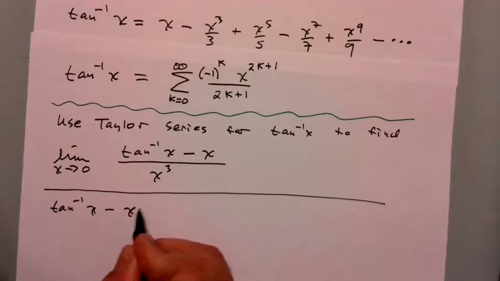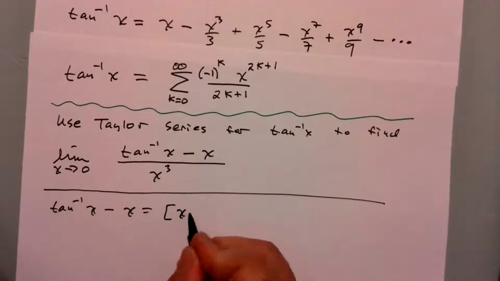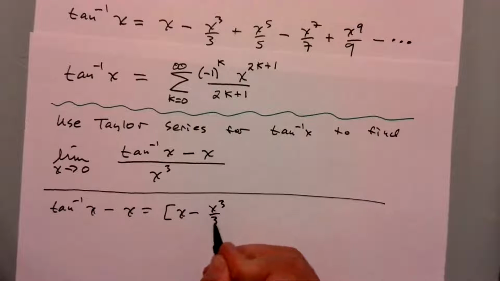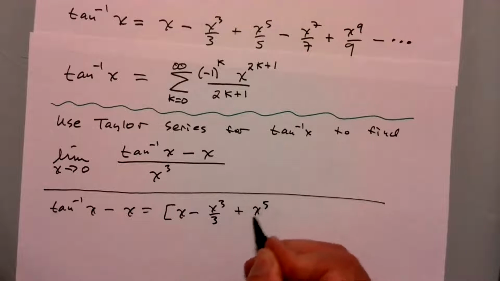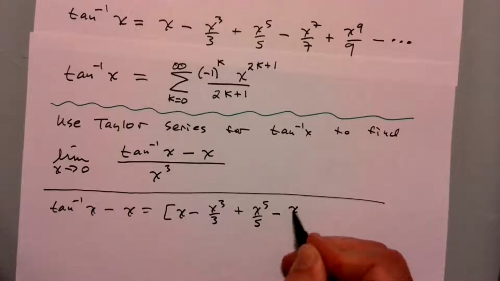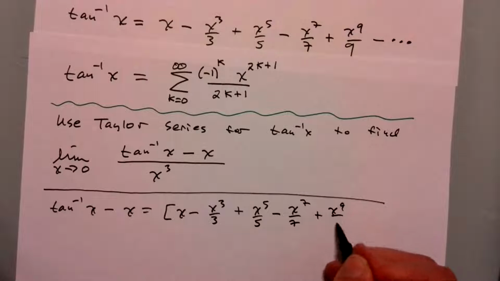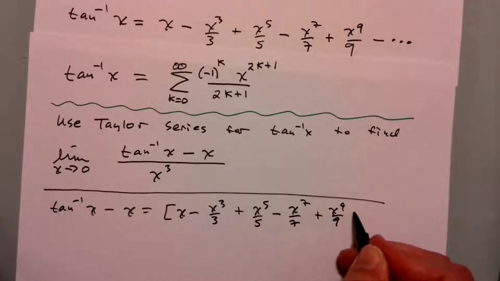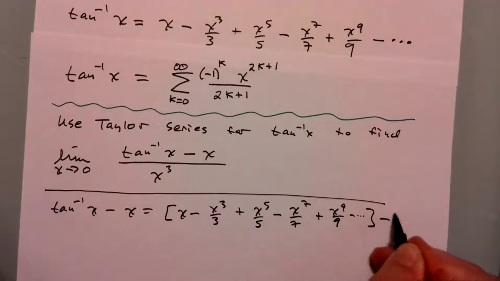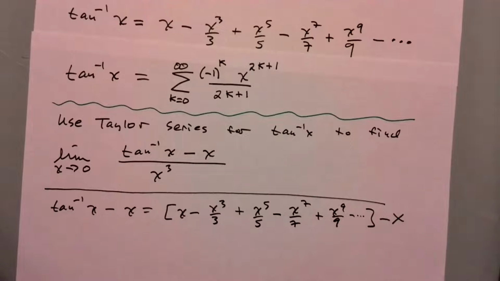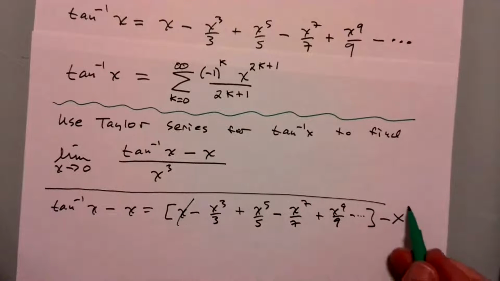Inverse tangent of x is x minus x cubed over 3 plus x to the 5th over 5 minus x to the 7th over 7 plus x to the 9th over 9, minus x. So you'll notice if I subtract x, this guy wipes out that guy.